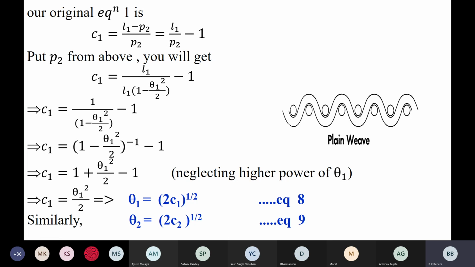So you can give these two equations two more numbers, equation number 8 and equation number 9. Theta 1 is the square root of twice the warp crimp. Theta 2 is the square root of twice the weft crimp.